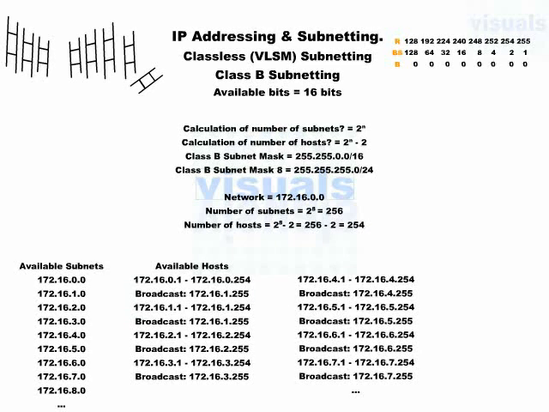So this is the final example for class B subnetting. In this example, we finally got the default class C subnet mask. By applying 8 bits, we got subnet mask 255.255.255.0. It provides 256 subnetworks, and each subnetwork provides 254 valid hosts.